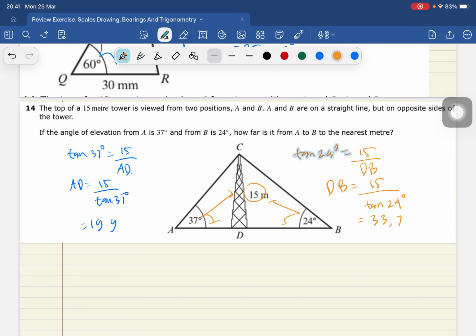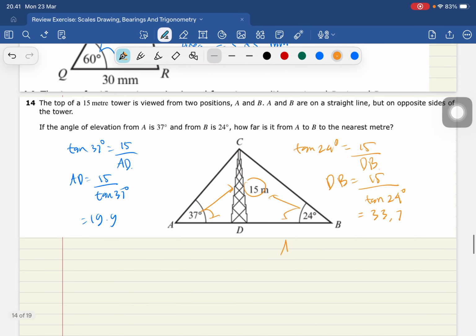Then for the distance, we can just add AD plus DB. To find AB, this is equal to AD plus the distance between DB. So AD is 19.9 plus 33.7.